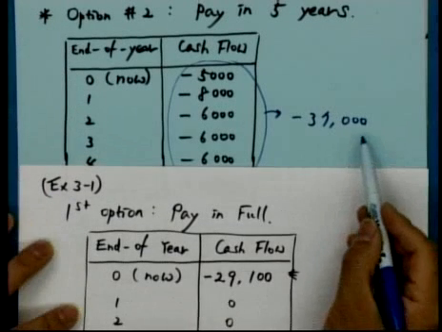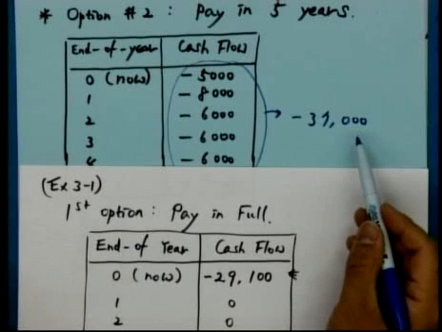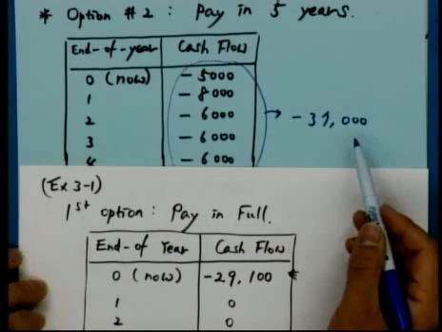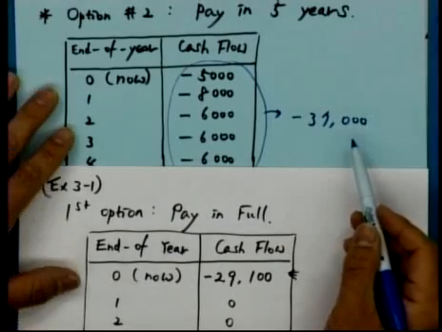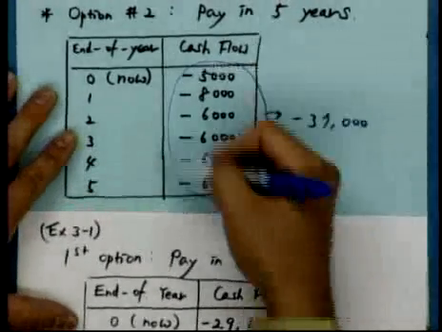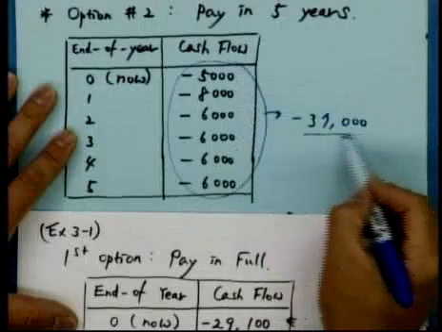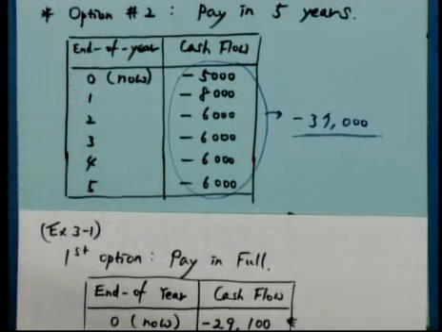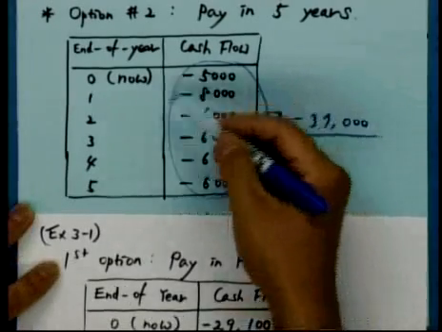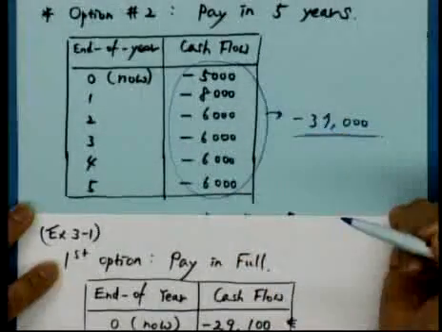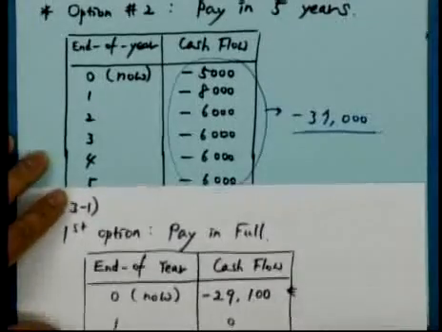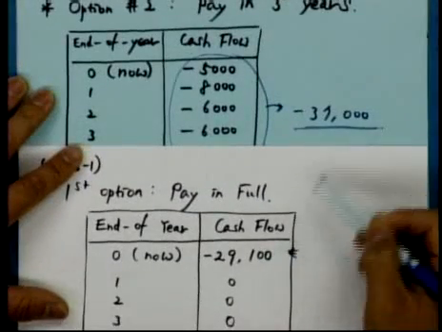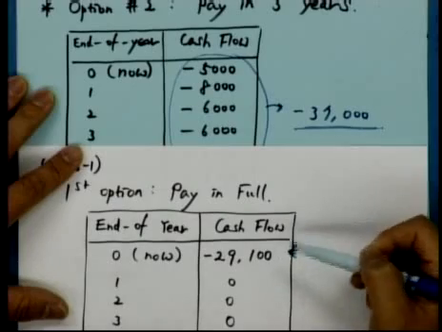Because this number does not provide us exact meaning, because we have ignored the time value of money. Which means you just cannot add up numbers at different times, okay? So you cannot make a simple comparison between these two numbers, okay?